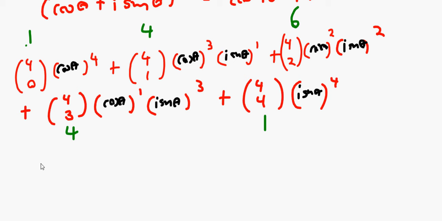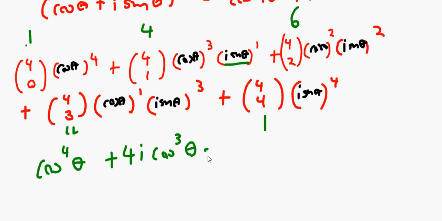First one is cos to the power of 4, so cos theta to the power of 4. Next one, anybody? 4. What's significant about every second one? It's going to be real, imaginary, real, imaginary, real. So this has an i in it, doesn't it? So it's 4i cos cubed theta sine theta. Is that okay?